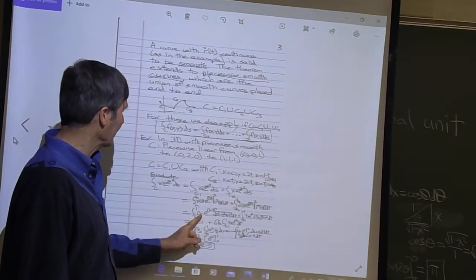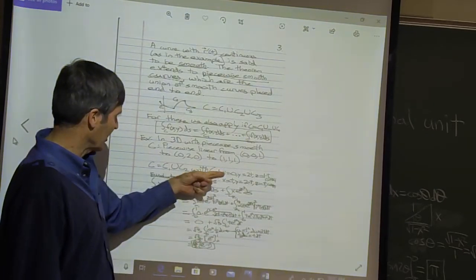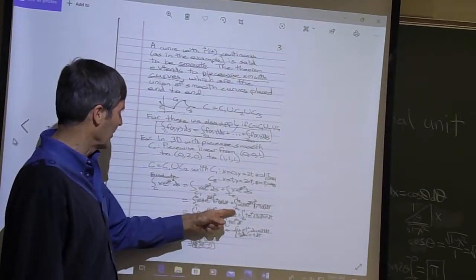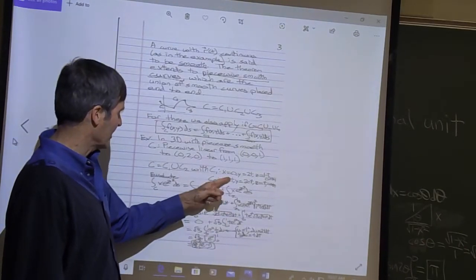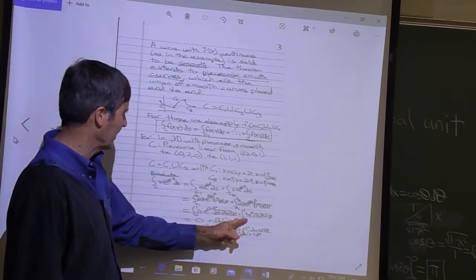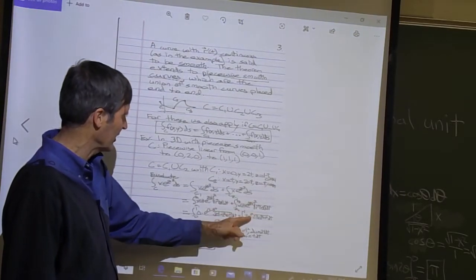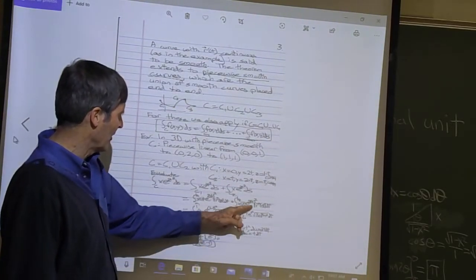On this piece, x is equal to 0, so we integrate 0 times something, and we just get 0. But on the other piece, x is equal to t, so we replace x with t. z is equal to t, so we get e to the t squared. And then the length of r prime of t.